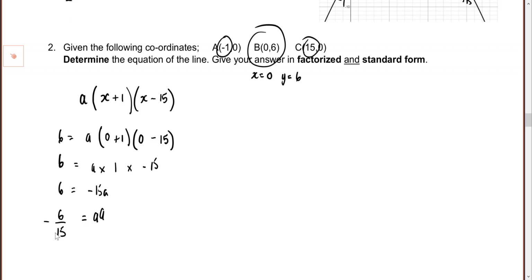So that would be divide by 3 gives you 2 over 5. So a is negative 2 over 5, which you can change to negative 0.4 if you like. So we could write it as y equals negative 2/5 times x plus 1 times x minus 15.